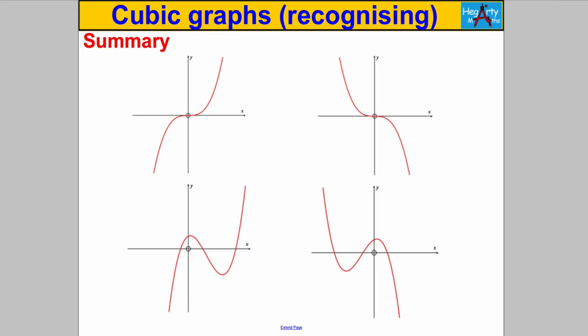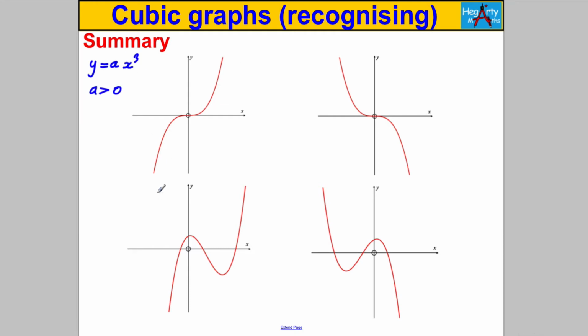So just to start with, let's summarize what we've learned and some of the key features. This graph here, if you ever see anything that looks like that, it's a graph of the form y is equal to ax cubed, like y equals 2x cubed, y equals 5x cubed, that type of thing. But the important point for these graphs is that a is a positive number.